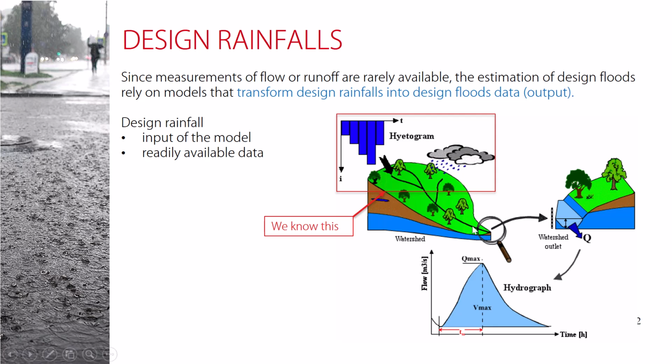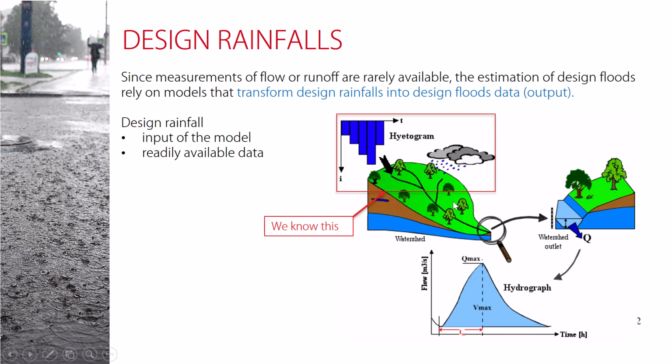That single point to which the entire area drains is called the outlet of the catchment. At the outlet of the catchment, we have the hydrograph, which represents the response of the catchment to that particular rainfall event.